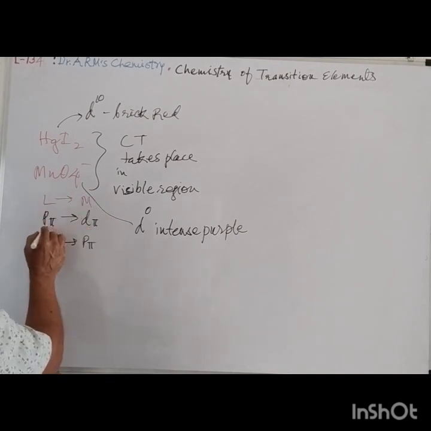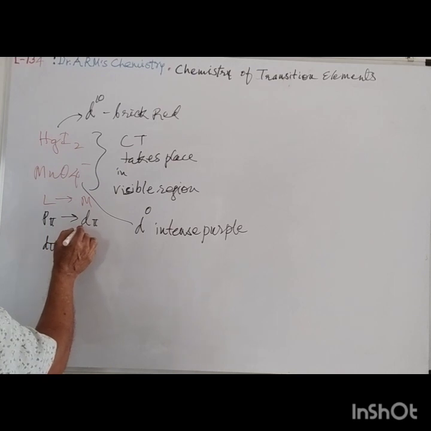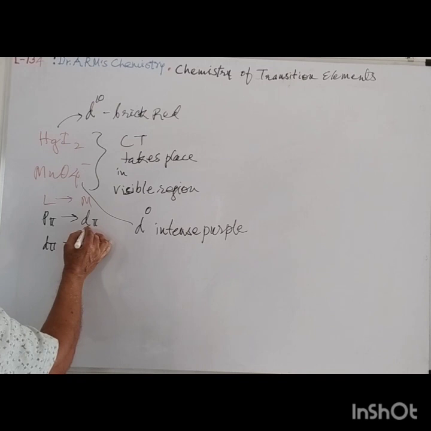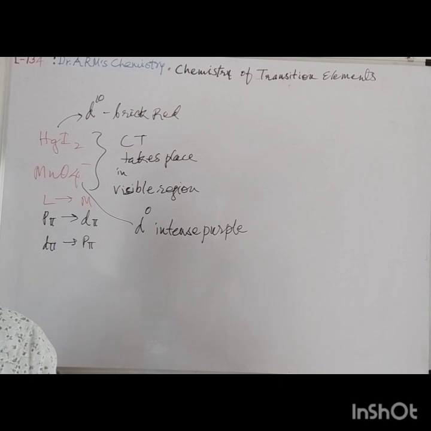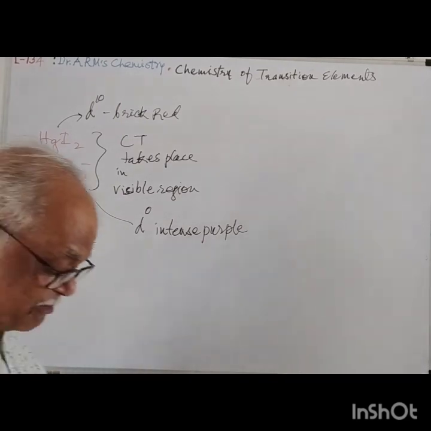So p pi of the ligand shows transfer of electrons or charge to d pi of the metal, or the d pi of the metal to p pi of the ligands. These are the ligands.